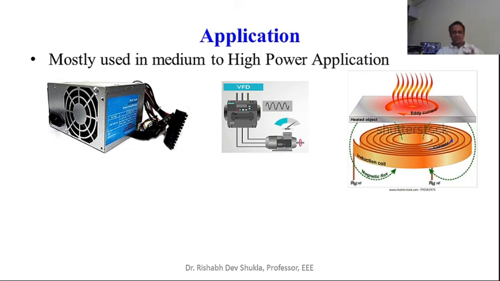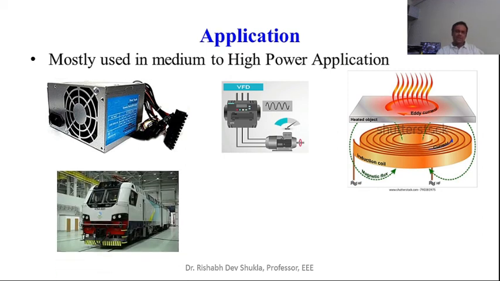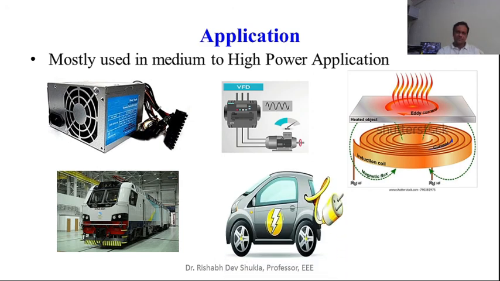IGBTs are very much applicable for induction heating applications. IGBT is also often used in traction load drives. IGBT is also very popular among electric vehicle applications such as electric cars and electric trains.